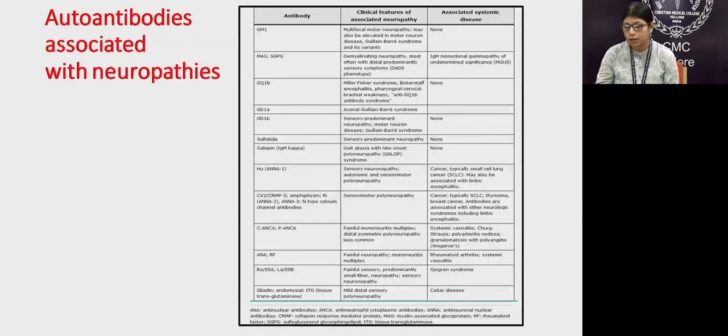Apart from the GBS and the CIDP antibodies, if the ANCAs come positive, then they are more towards vasculitic neuropathies. Rheumatoid factor, ANA, Sjogren's antibodies SSA and SSB, and anti-gliadin antibodies, TTG. These are all antibodies we can order when we are considering immune mediated neuropathies.